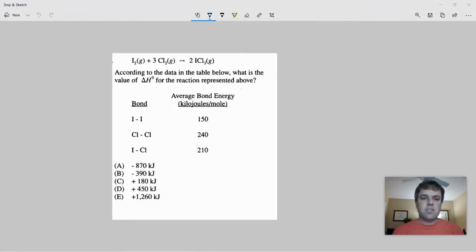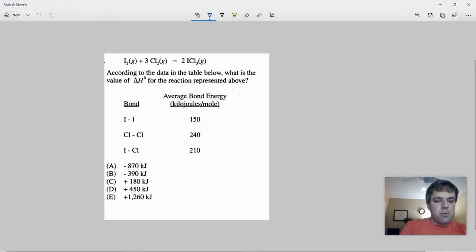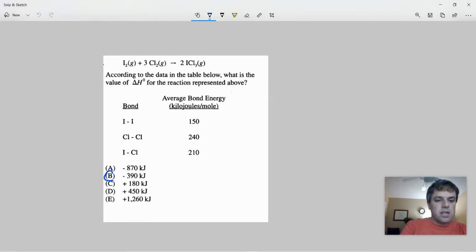All right, let's take a look at this next problem. This one is giving us bond energies, and it's asking us to find delta H for a reaction. Take a minute and see if you can figure out what delta H for the reaction would be. With any luck, you managed to come up with the correct answer being B. If you did not get B, let's look at this.